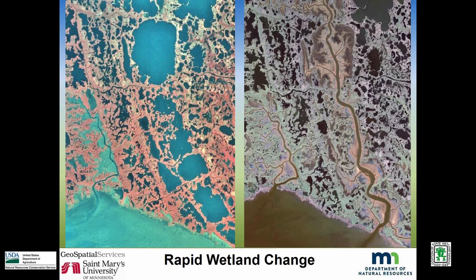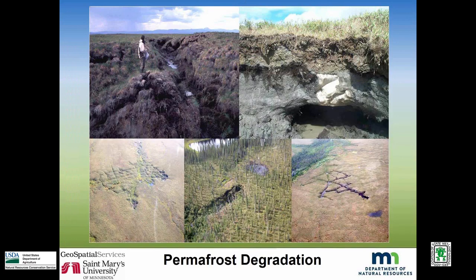I mentioned permafrost degradation, thermokarst features. This is just a quick example of what some of that looks like in Arctic Alaska. The features are primarily slump features, and they're occurring where underlying ice is melting and causing the soil overburden to collapse inward.